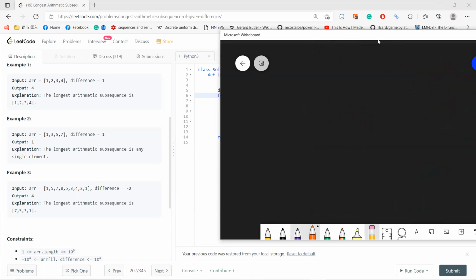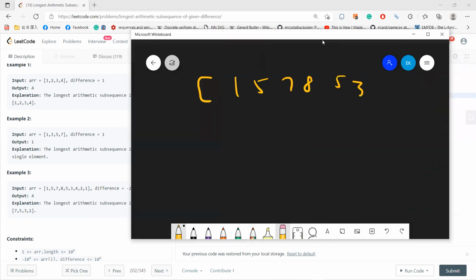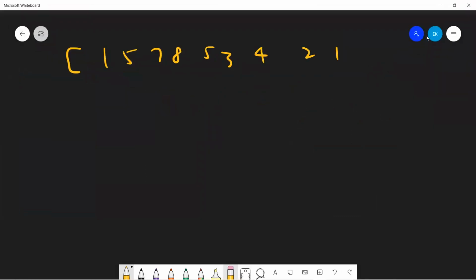So let's do an example. For example, let's use 1, 5, 7, 8, 5, 3, 4, 2, and the difference is -2. So for initialization, I use a dictionary.